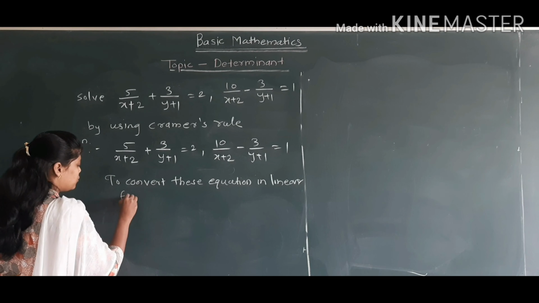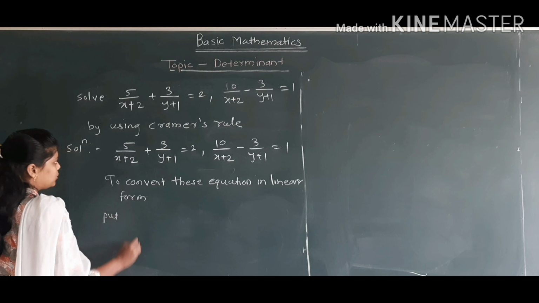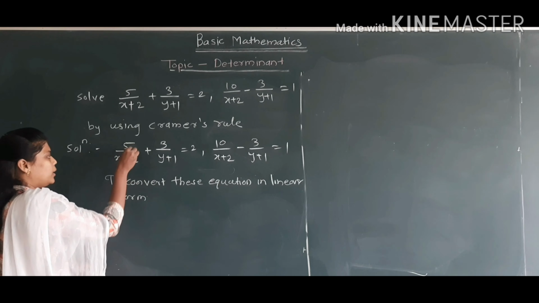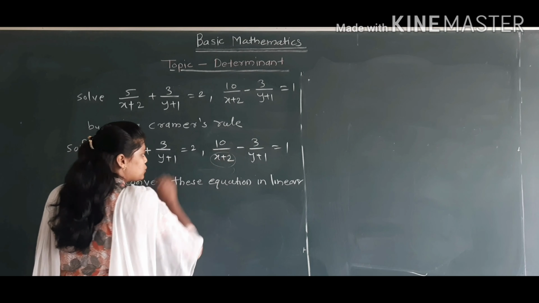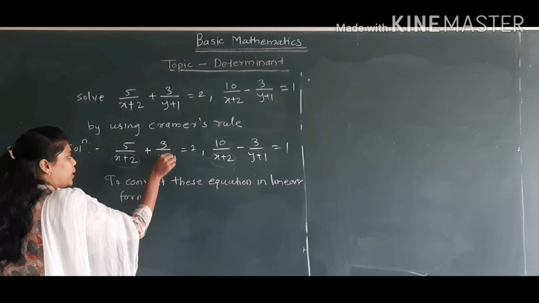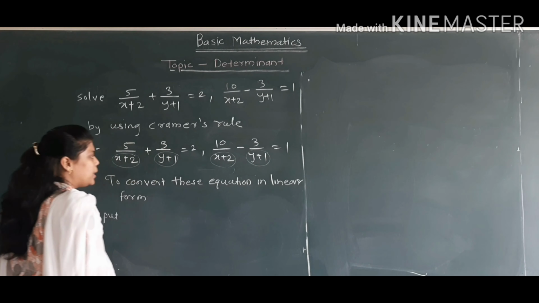For this, note that in the first equation we have 1 upon x plus 2 and 1 upon y plus 1, and in the second equation also 1 upon x plus 2 and 1 upon y plus 1.